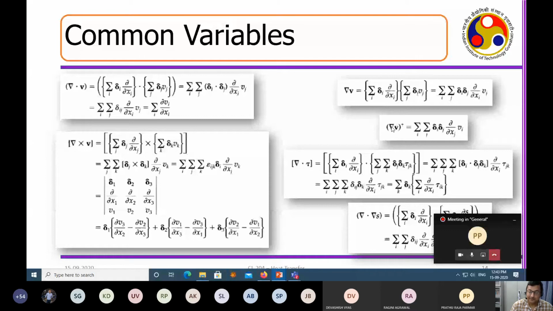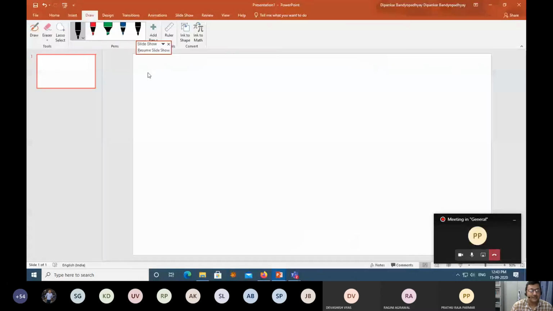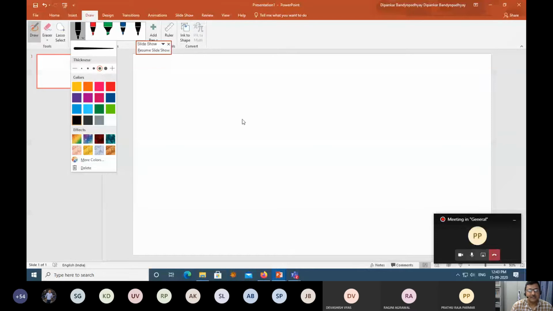Divergence of tau. So divergence is a vector operator, right? So how do I do that? This is another one that is remaining. Perhaps we can do it very simply. I'm just giving you the example to tell you that this is not that difficult.